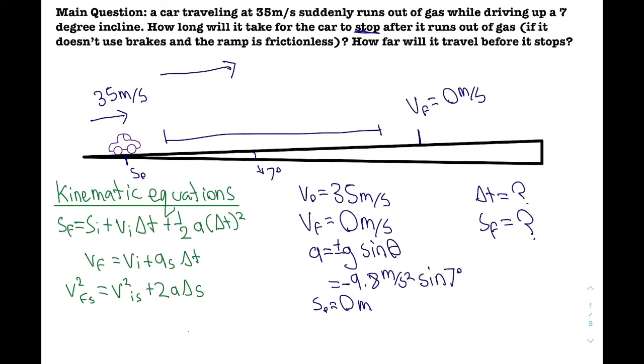So we'll start with time, and let's look at the kinematic equations. Which of these allows us to find time where it's the only variable that we don't know? It's the second one.